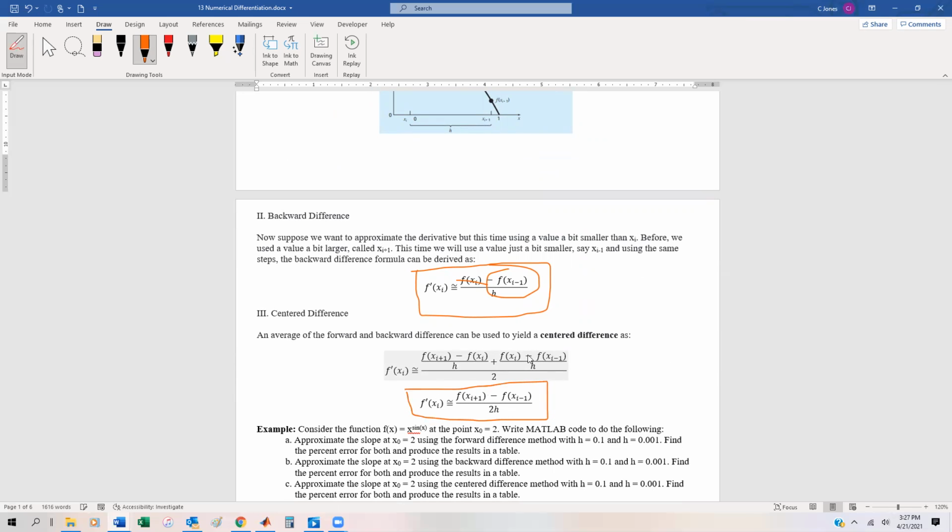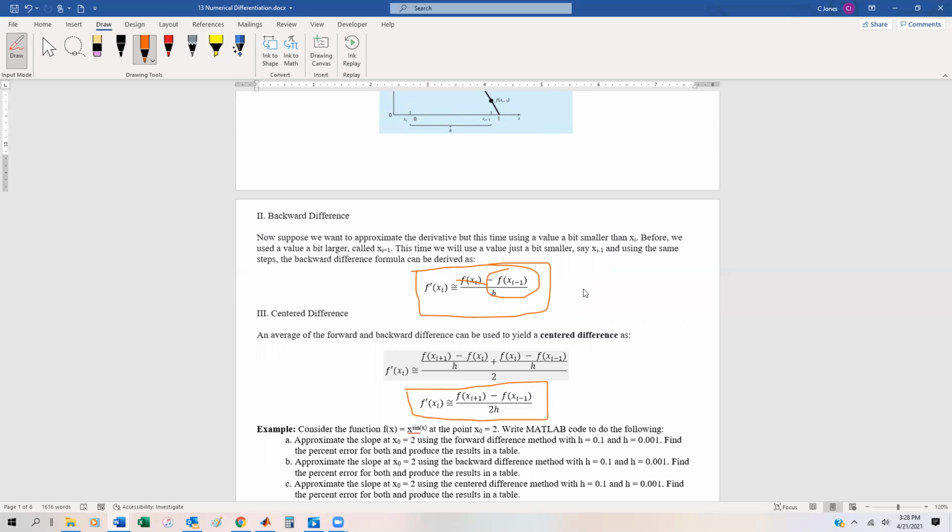What we're going to do at first with MATLAB is take a function and numerically try to find the derivative at different step sizes h, using all three methods: the backward difference, the forward difference, and the centered difference. Then we find the actual value of the derivative at that point and find the percent differences.